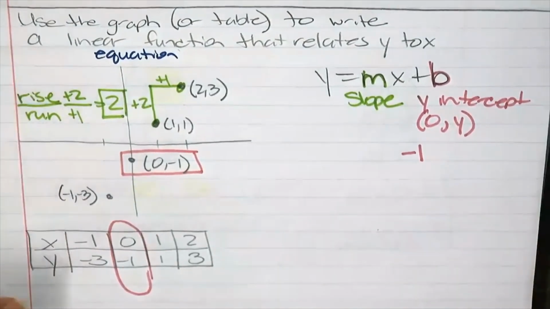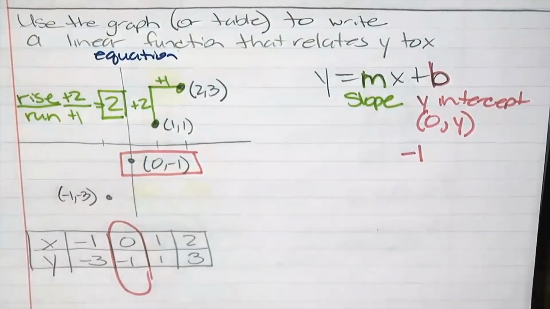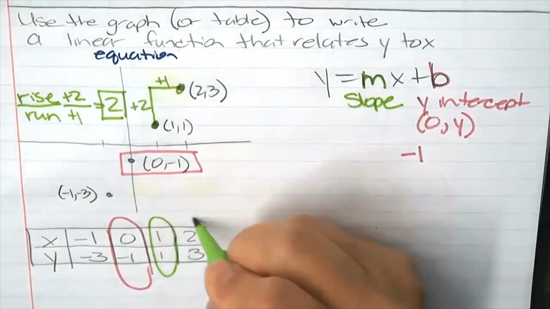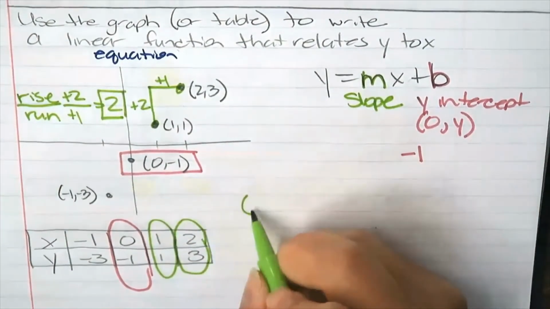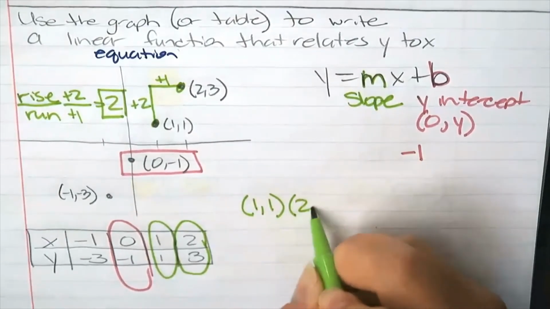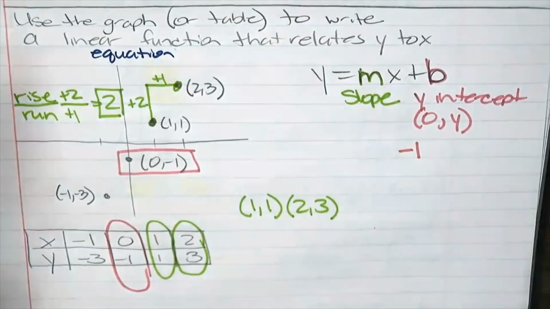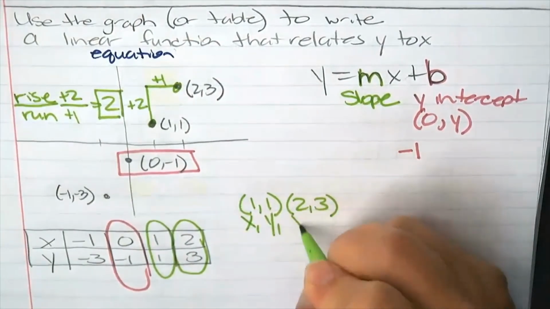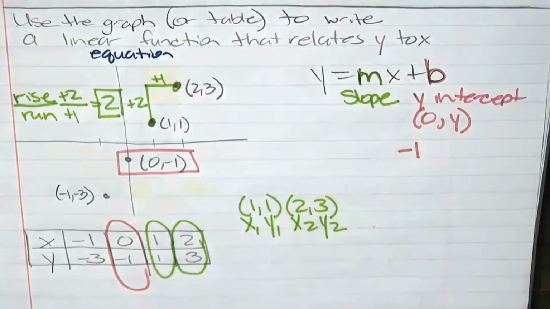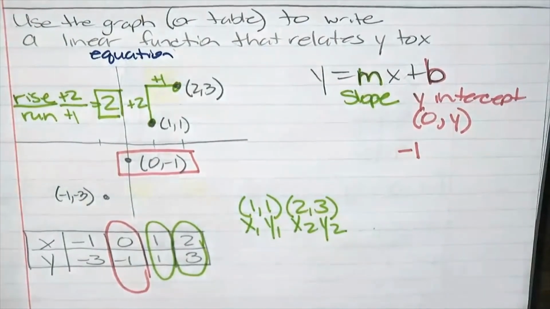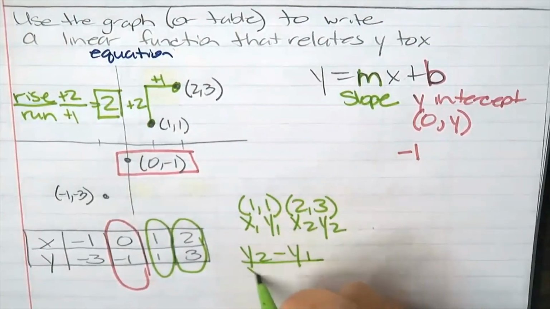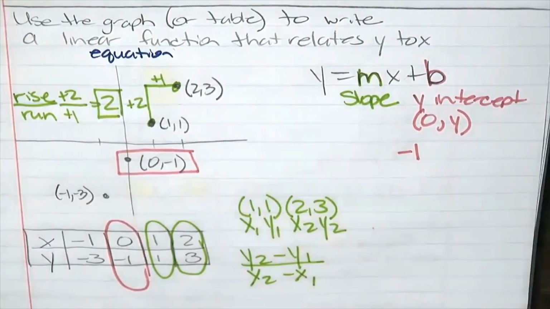But how do I find slope from a table? Well, I'm going to pick 2 points. 1, 1, and 2, 3. I'm going to label these numbers x1, y1, x2, y2. And I know the equation for slope is y2 minus y1 over x2 minus x1.